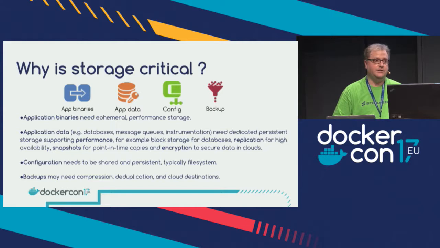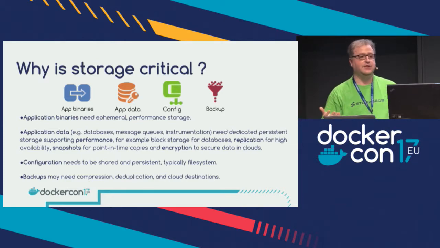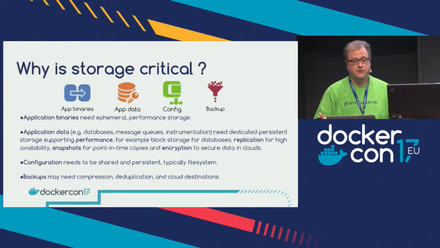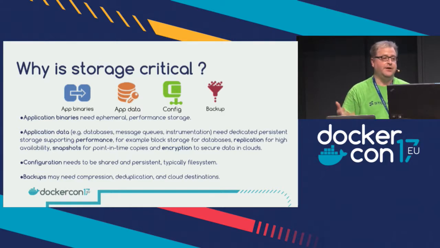Configuration or other reference data that your applications use can benefit from shared file systems, which you can share across a number of nodes. And for backups, you also need to think about compression and deduplication and how you do that to the cloud.